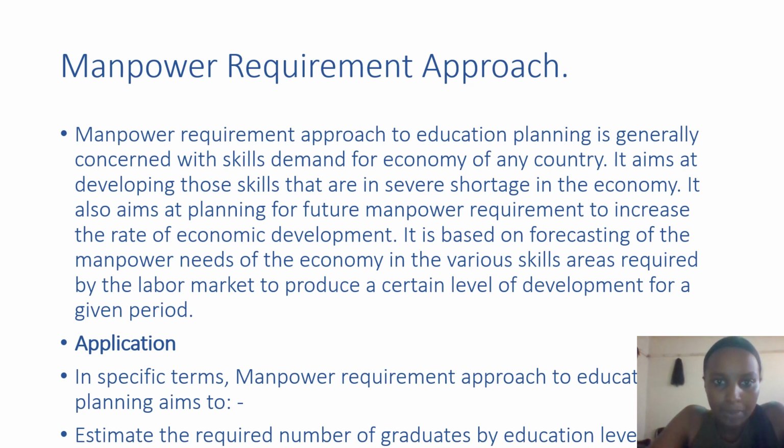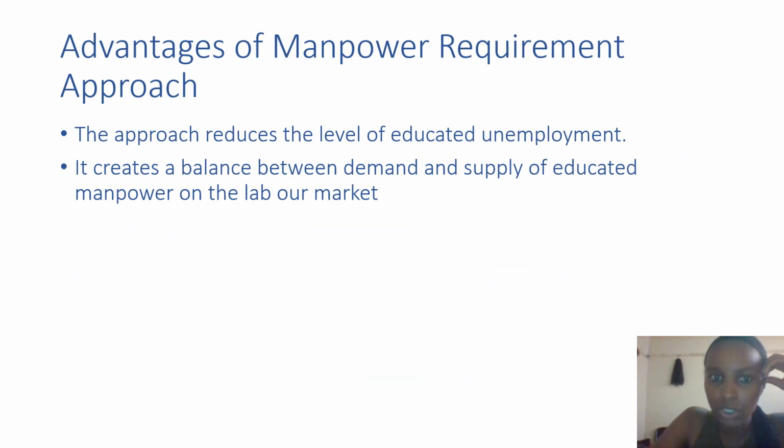We also find that manpower requirement approach is applied in various areas, such as in specific terms, they estimate the required number of graduates by education level to create a balance between demand and supply of educated manpower on the labor market.